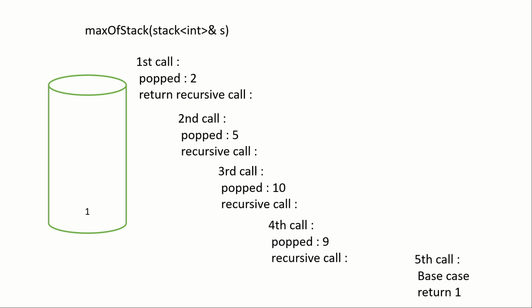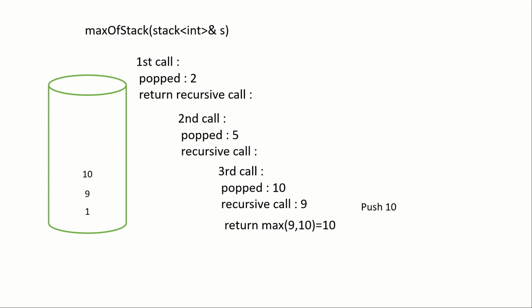So we will be returning 1 to the fourth call. As 9 is larger than 1, we will return 9. Before that we have popped 9 in this recursive call, and after the recursive call we have to push 9 to preserve the state of the stack. So push 9 and return the maximum, 9.